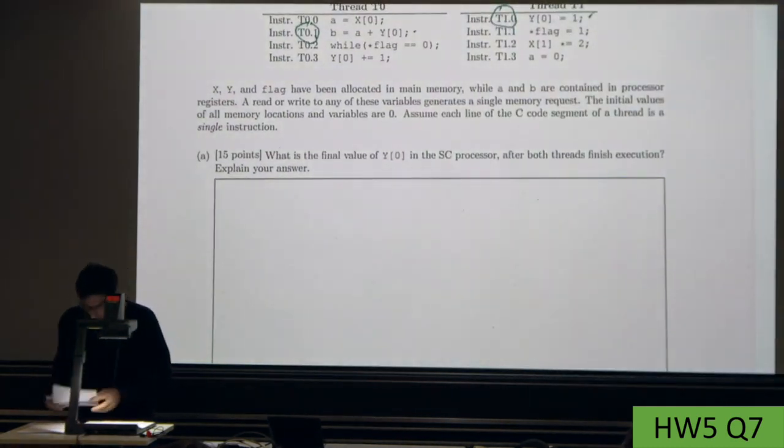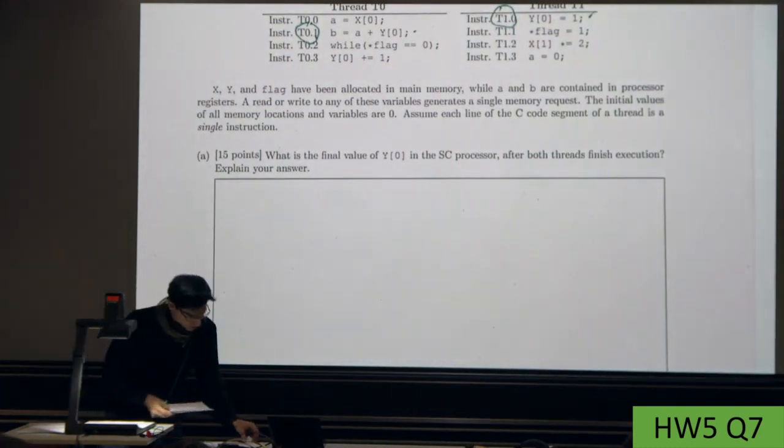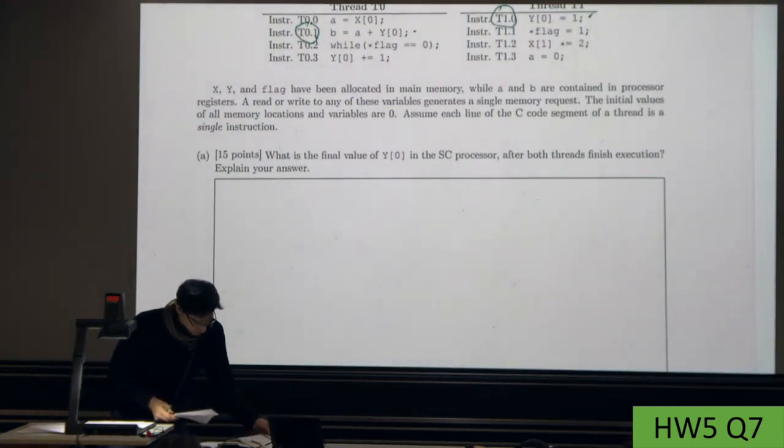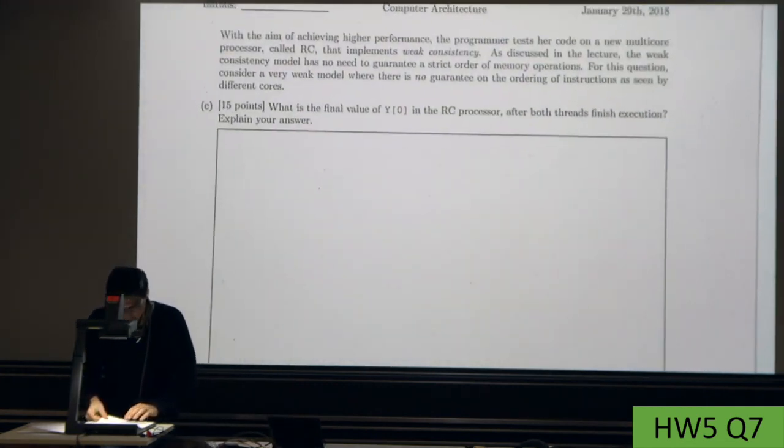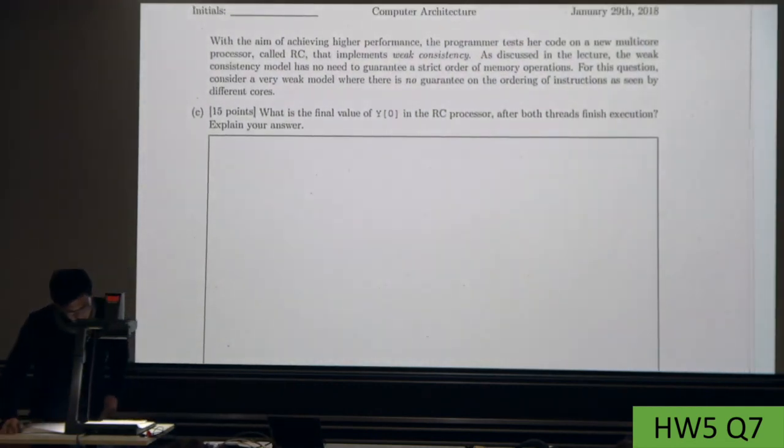Okay, now what do we have next? It's part C. And part C says, with the aim of achieving higher performance, the programmer tests her code on a new multi-core processor called RC that implements weak consistency.